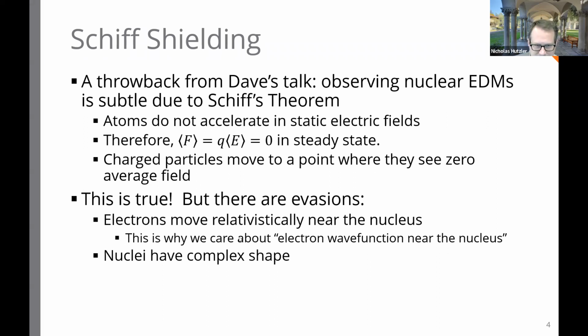It's a relativistic effect that is dominant near the nucleus, which is why we care about the electron wave function near the nucleus that I brought up a couple times before. For nuclei, the primary evasion is that they have very complicated shapes. They're not like point particles, it turns out.